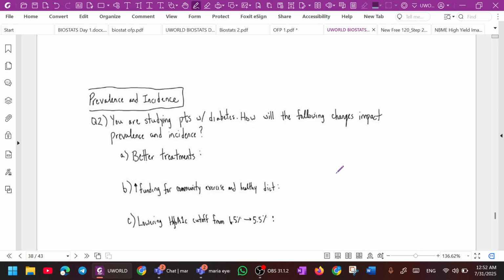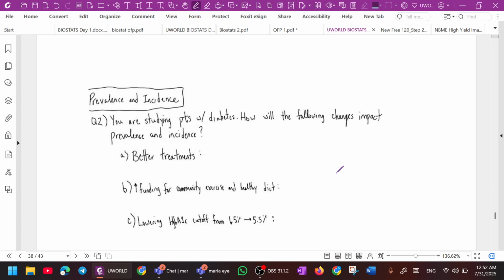Okay. Last one. Lowering the HbA1c cutoff from 6.5 to 5.5. Incidence is not going to change in here. Okay, no change in incidence.